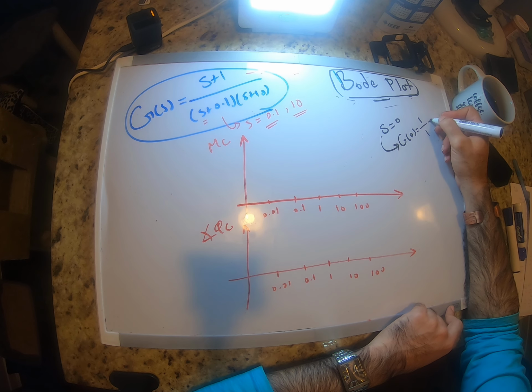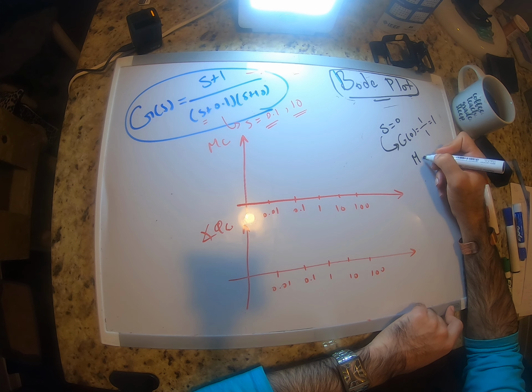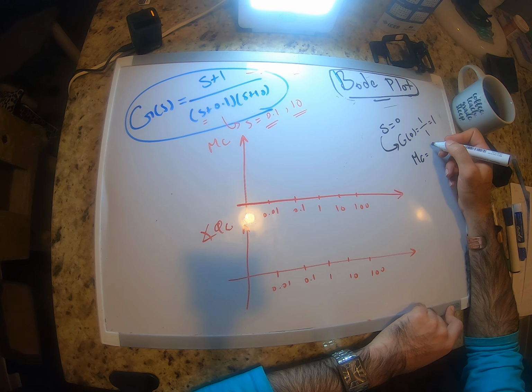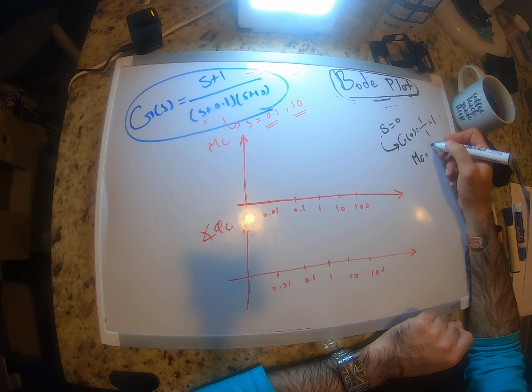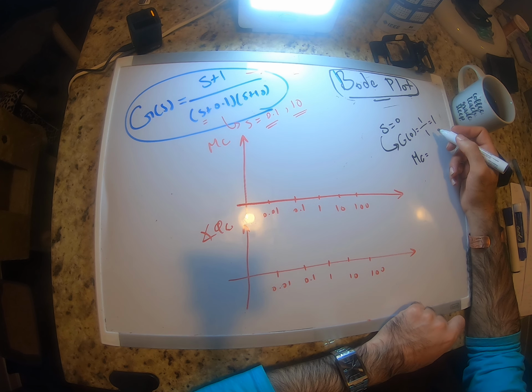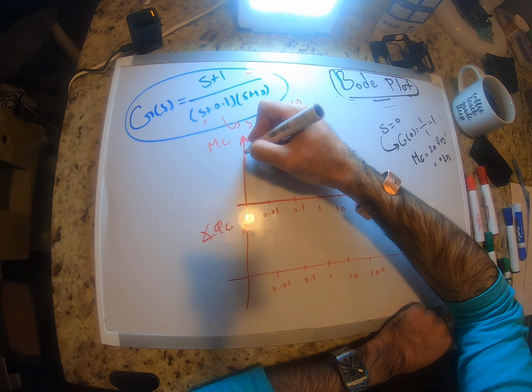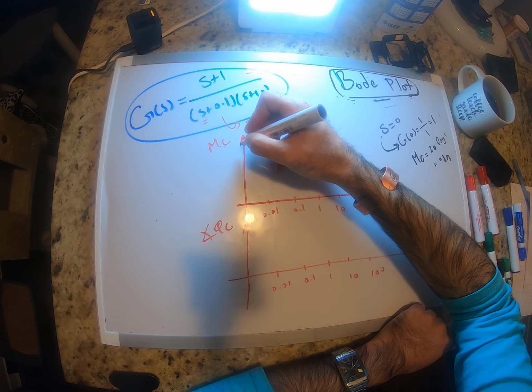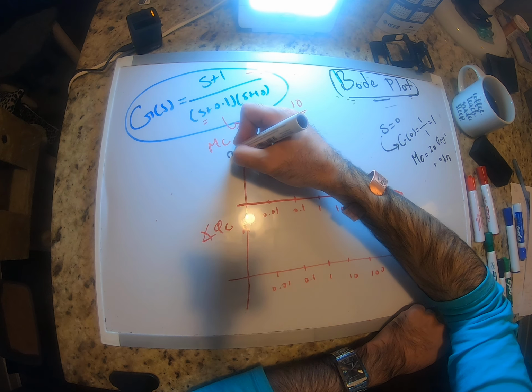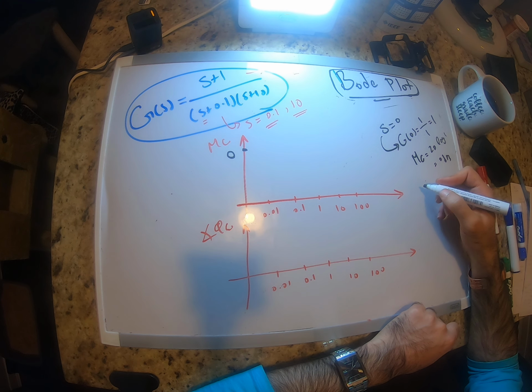It's going to be 1 over 1, so it's going to be 1, right? So at s equal to 0, the magnitude is going to be 20 log of 1, which is basically 0 dB, right? So we know that at s equal to 0, our gain starts from 0.